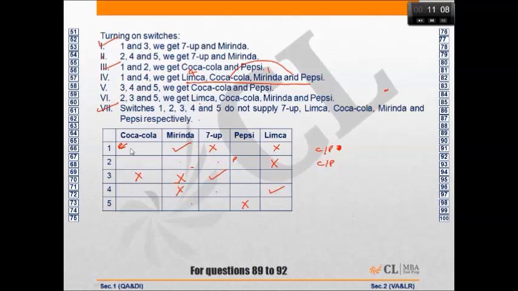I'm breaking everything into two parts now, and let me see if there's some contradiction somewhere. Other option could be 1 could be Pepsi and 2 could be Coke.